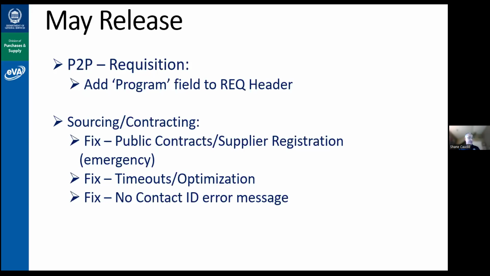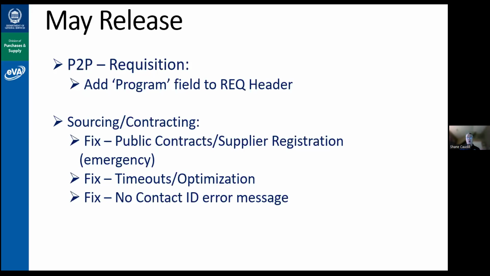And then for those of you that use sourcing, there were some additional fixes. You had a weird error message. You're getting ready to submit your sourcing event, and you got a no contact ID error message. We did some cleanup earlier to fix most of those, but we were still seeing some issues around this. So these are kind of the final fixes coming in to improve and just make that experience, I'll call it normal, in our sourcing and contracting area.